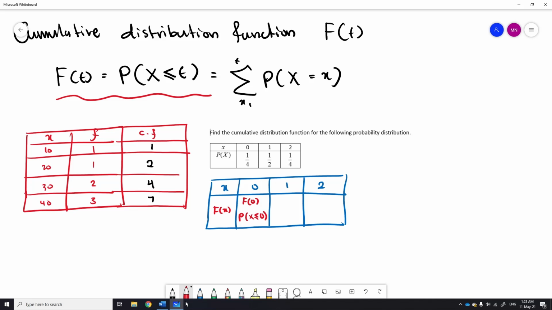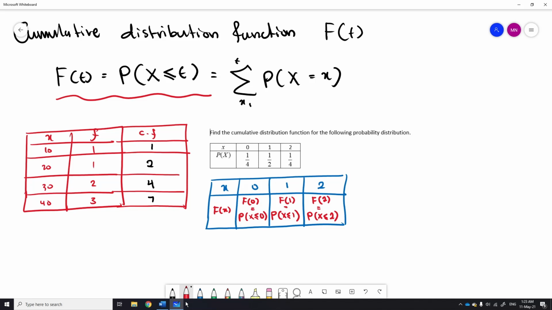Then F(1) is equal to the probability of X less than or equal to 1. Then F(2) is equal to the probability of X less than or equal to 2.